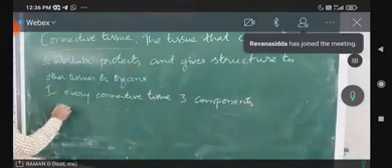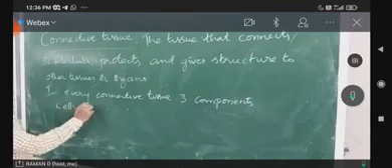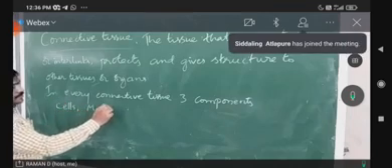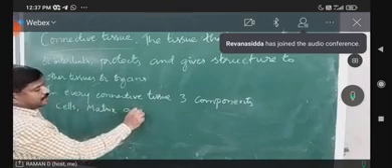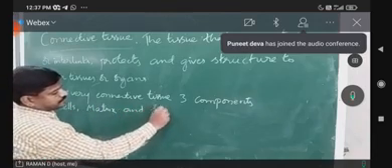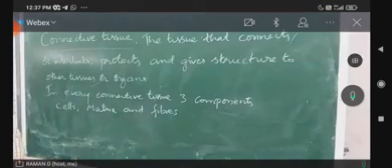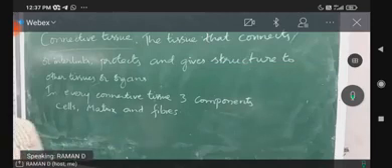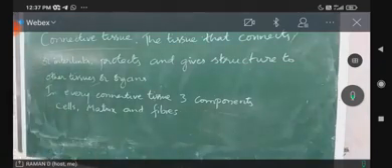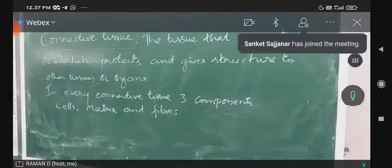They are cells, matrix, and fibers. That means cells are suspended in matrix and interconnected by fibers. In connective tissue, the cells are present embedded in matrix and interconnected with fibers.